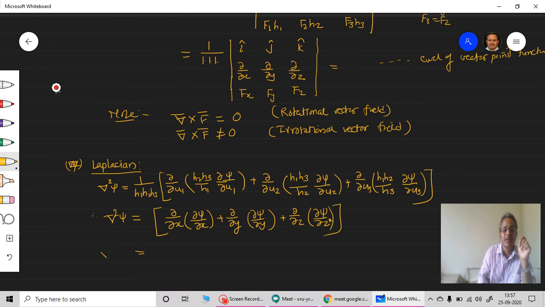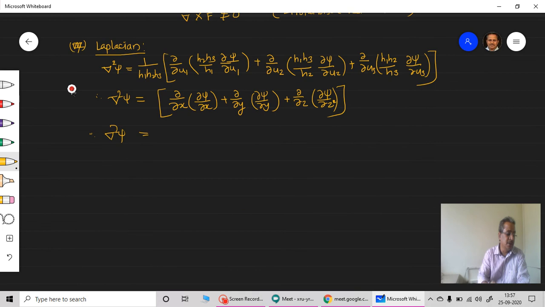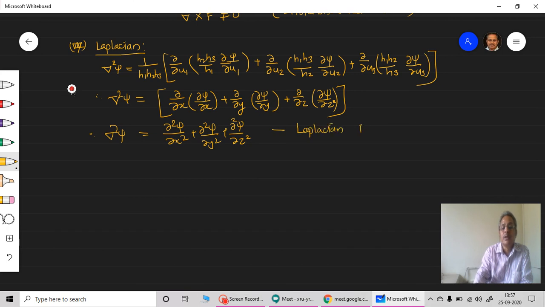Solving this, I'll get the Laplacian of the scalar point function in the Cartesian coordinate system. This gives a very identical and familiar equation, that is ∂²ψ/∂x² plus ∂²ψ/∂y² plus ∂²ψ/∂z². So this is called the Laplacian equation in Cartesian coordinates.